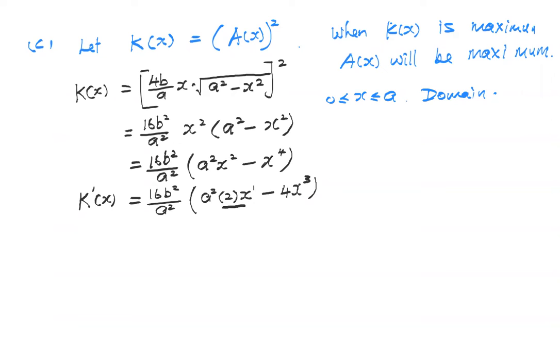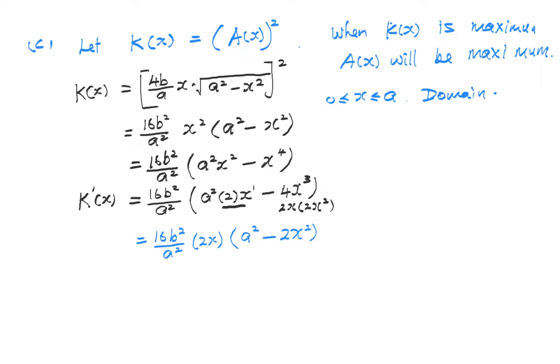You see there's a 2x here also. All right? So you take out the 2x: 16b squared over a squared times 2x times a squared minus 2x squared. Okay, so I got this.